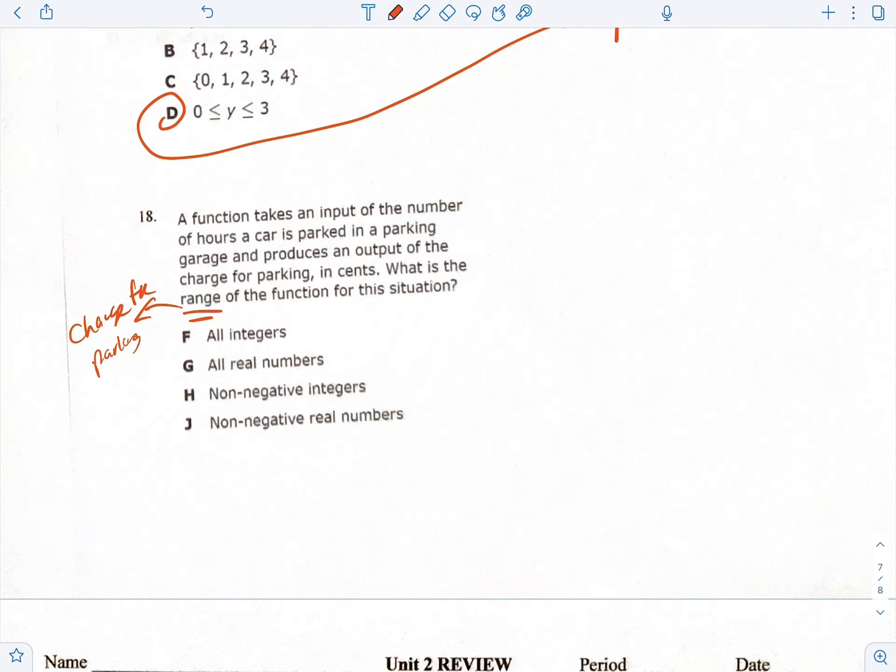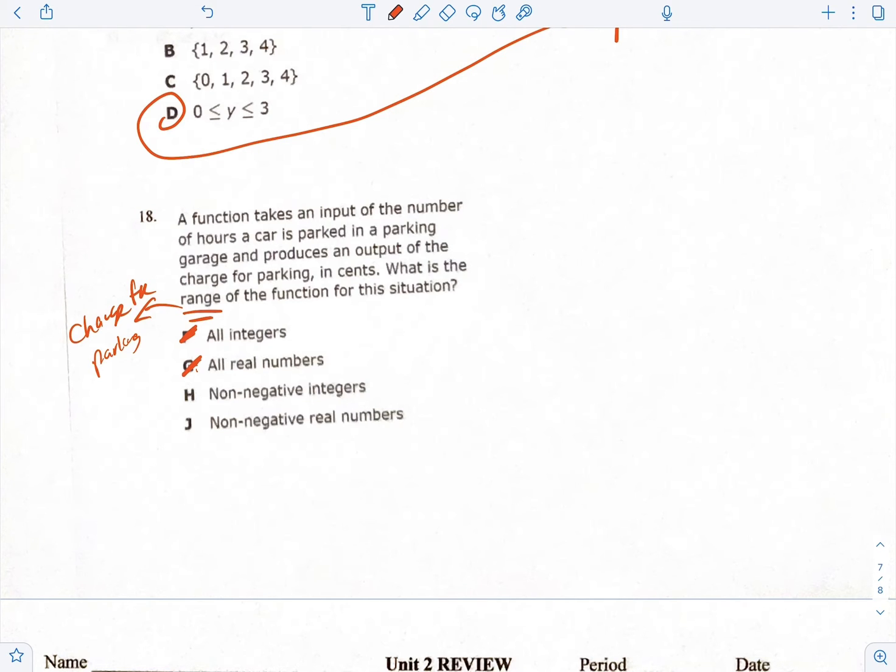All right, and our answer choices say all integers. Integers is positive and negative. Well, basically whole numbers and their opposites. So that's not going to really work because negative numbers can't be money, right? All real numbers is not it because negative numbers are included.